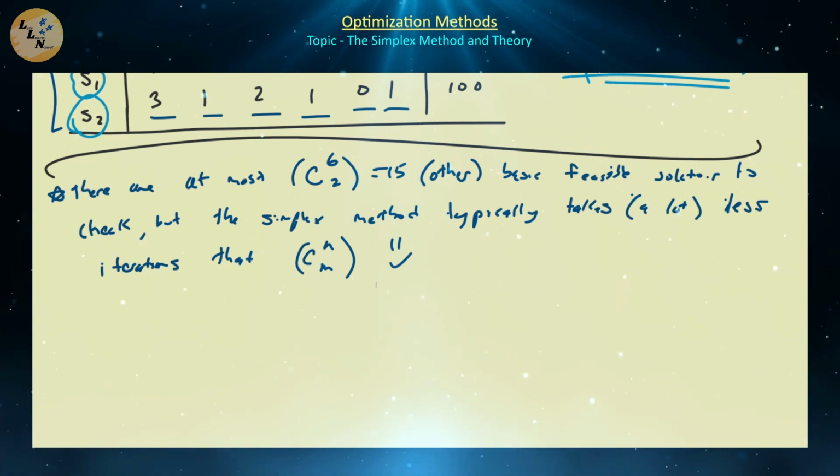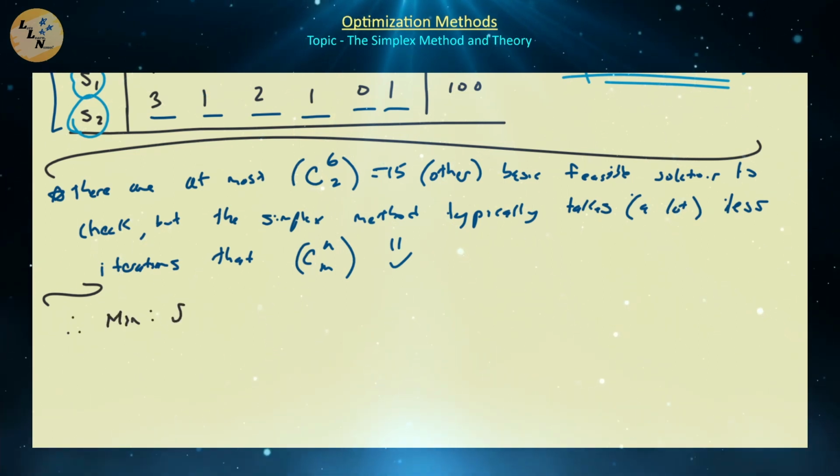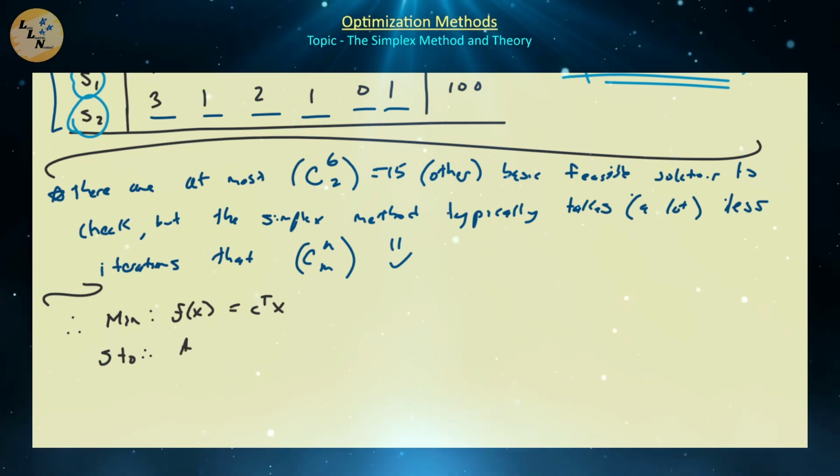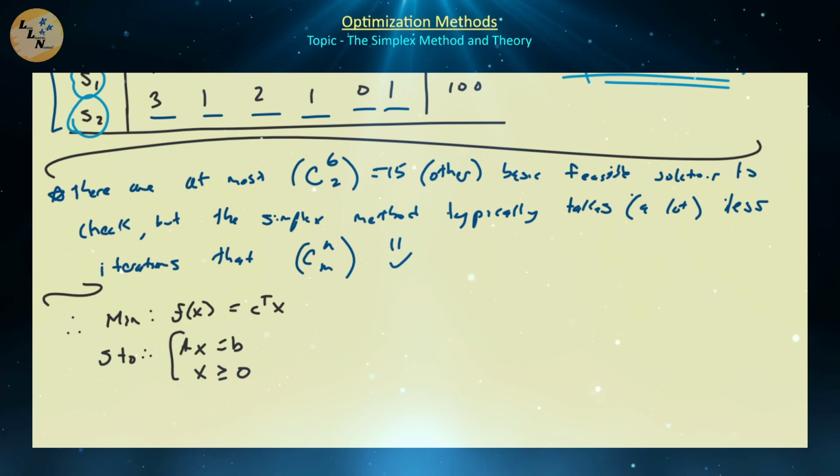So keep in mind, for the general process for the simplex method, we can typically write all standard form linear programs in the form: the minimization of some function f of x equal to c transpose x, subject to the constraints that Ax is equal to b, with the x vector greater than or equal to 0.